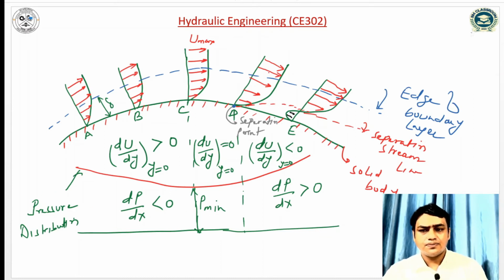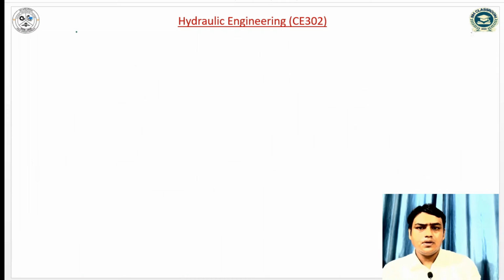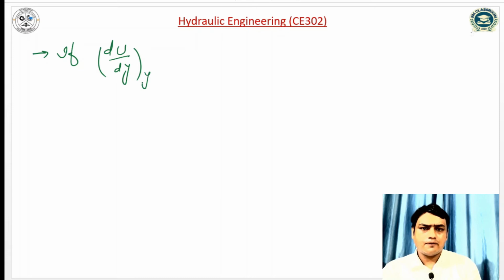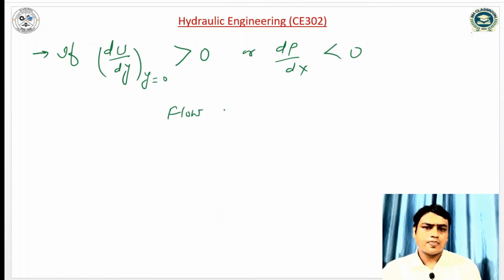So we can write, if del u by del y at y equal to 0 is greater than 0, or dp by dx is less than 0, flow will not separate.